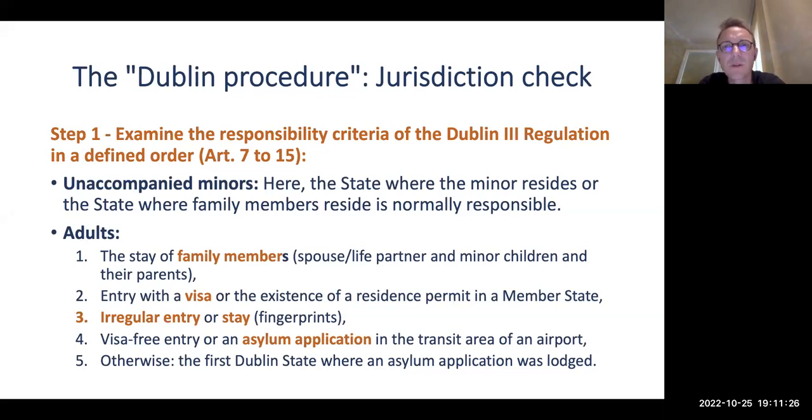So for an unaccompanied minor, we're not checking which country this person came from first. Here we're checking only if this minor has family members in another country, or if not, then it's the country where the person is physically staying at this moment that is responsible for the asylum application.